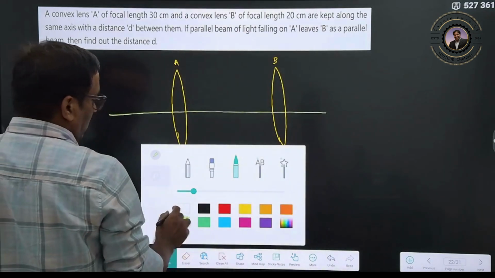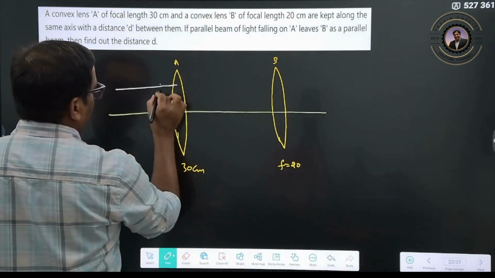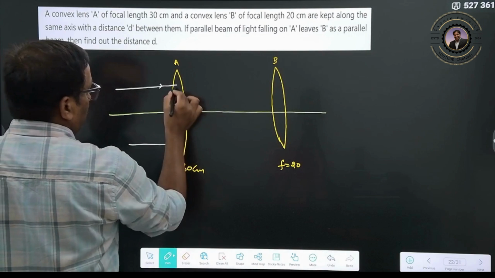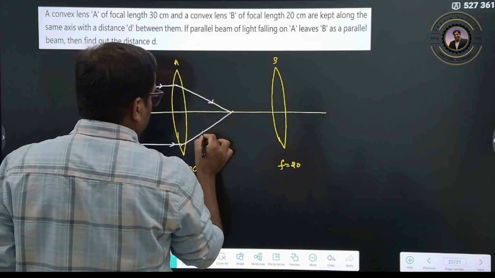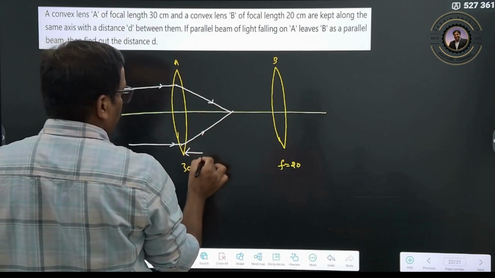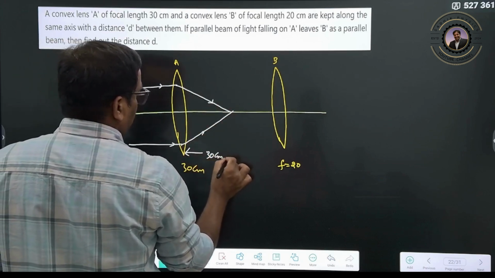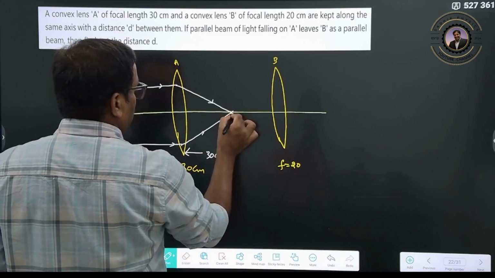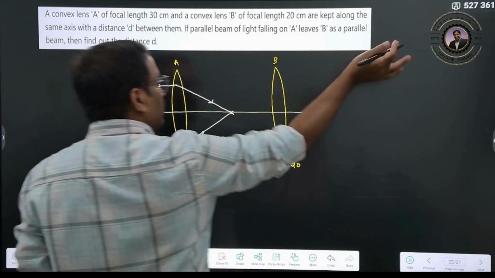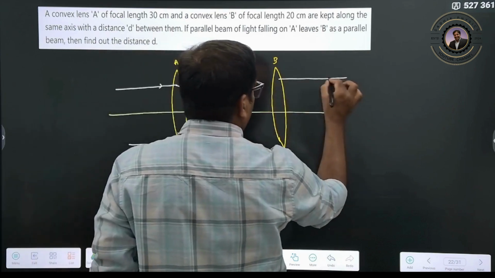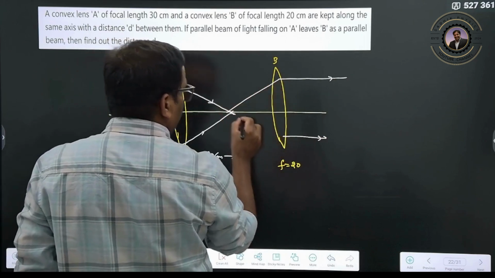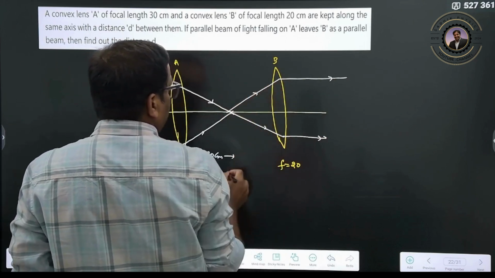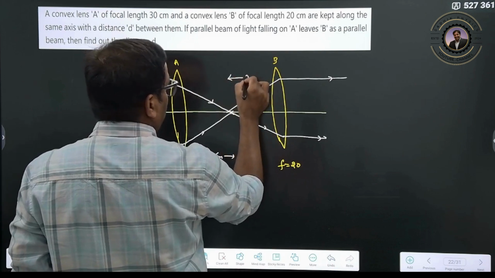Therefore if a parallel beam of light rays is entering, then definitely it is going to meet at this point. Where is it going to meet? Definitely at 30 centimeter. After that it goes as a parallel beam out of this one, which means compulsorily the object should be kept at the focus of B. So this distance should be compulsorily 20 centimeter.